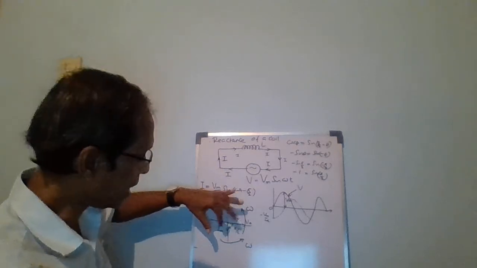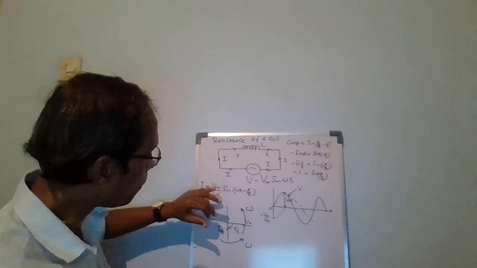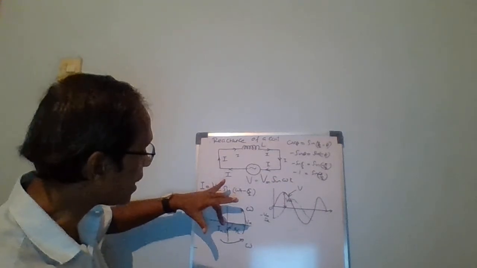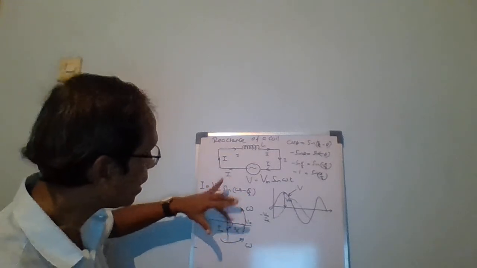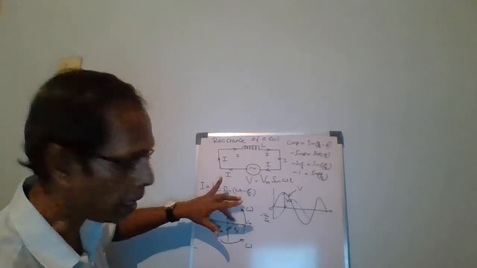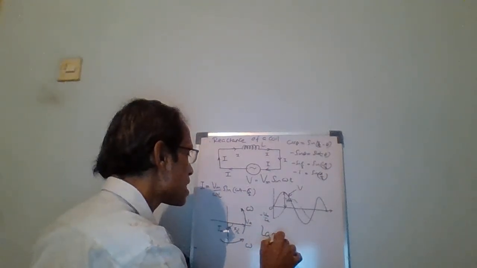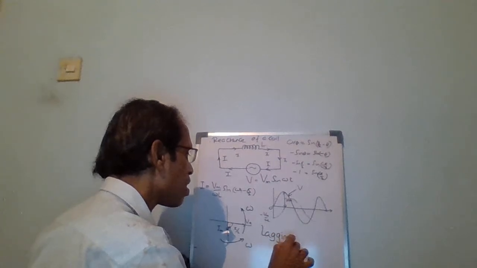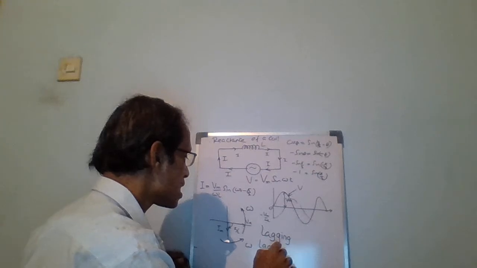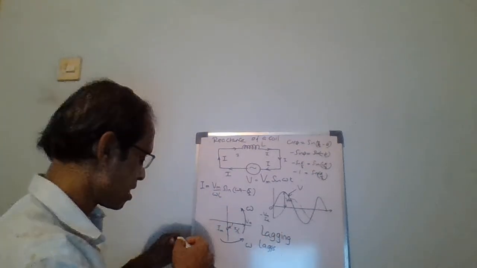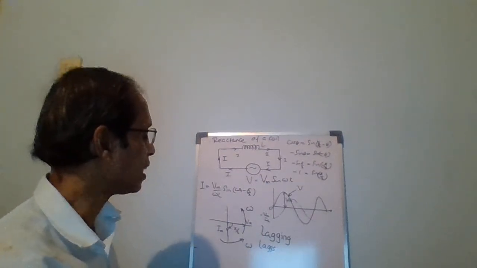Then we say the phase angle between them is 90 degrees, or pi divided by 2. Im is lagging the voltage. The current lags the voltage by pi divided by 2 radians. Lagging means behind. This is the phase angle of lagging.